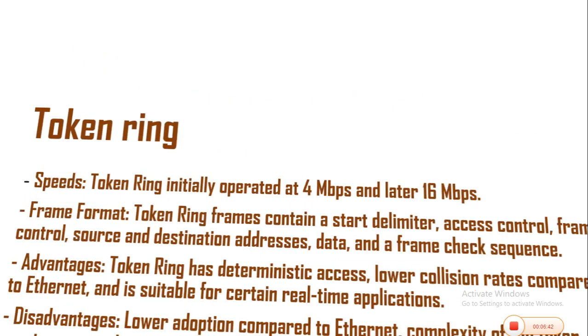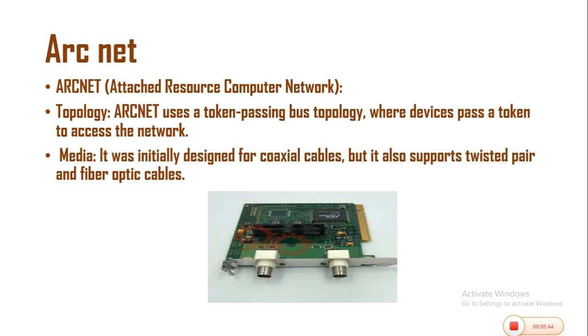Let's look at the ARPANET. The topology: ARPANET uses a token passing bus topology, where devices pass a token to access the network. The media type: it was initially designed for coaxial cables, but it also supports twisted pair and fiber optic cables.